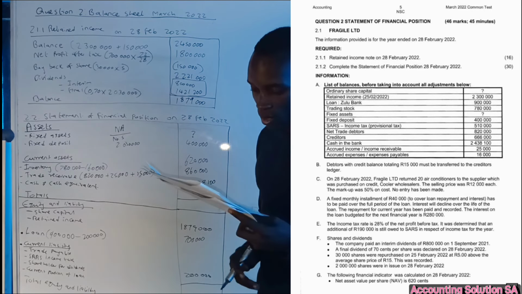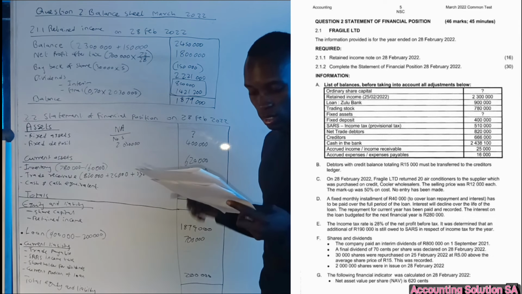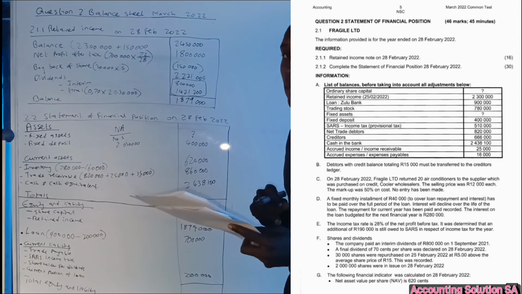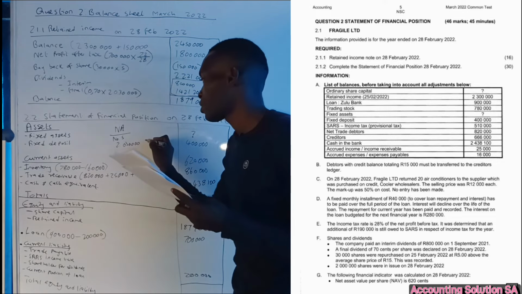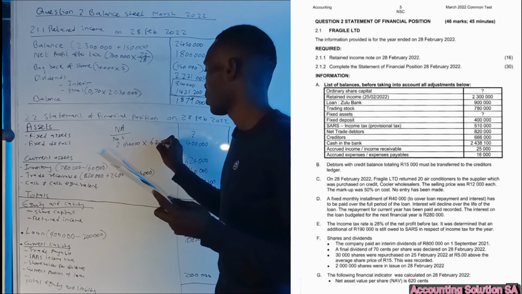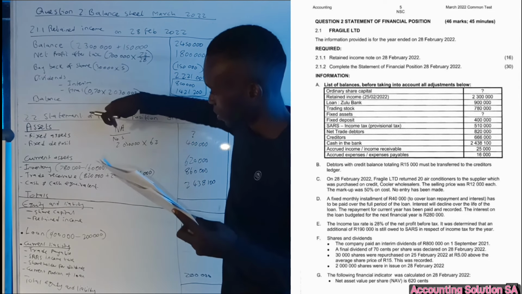But we have an answer, because they say the net assets is 620 cent. 620 cent is the same as 6 rand 20. We have to multiply by 6 rand 20 so that it can give us net assets.